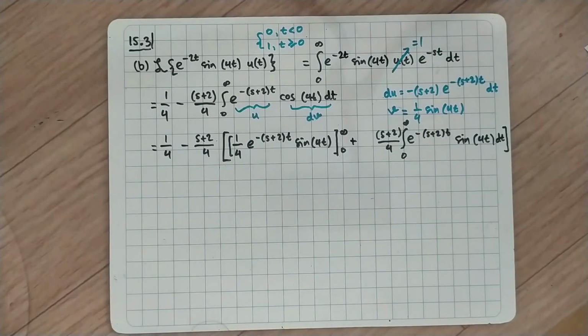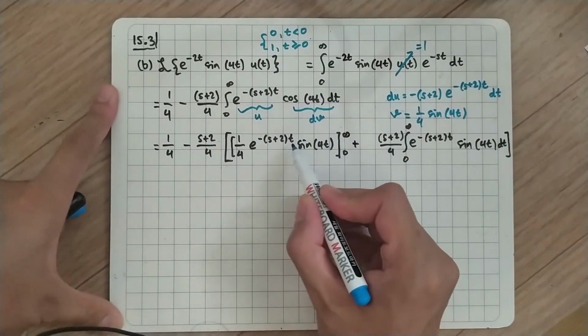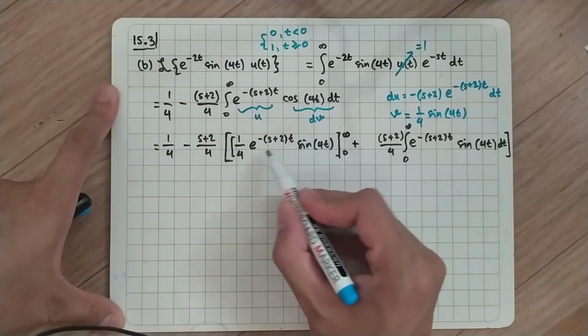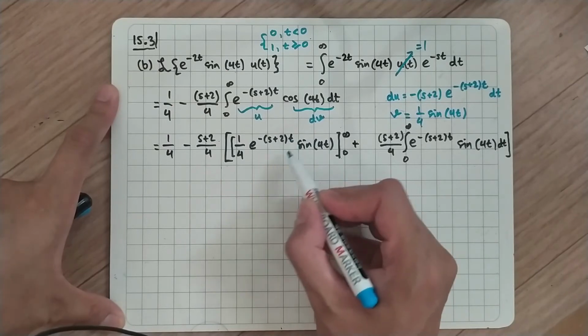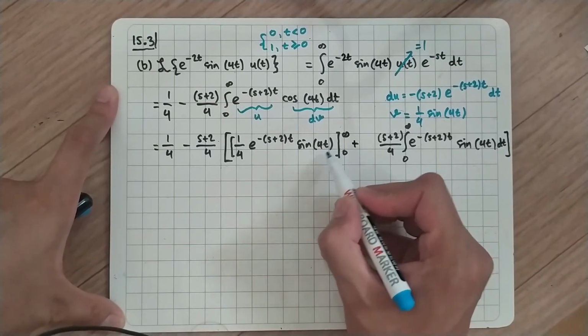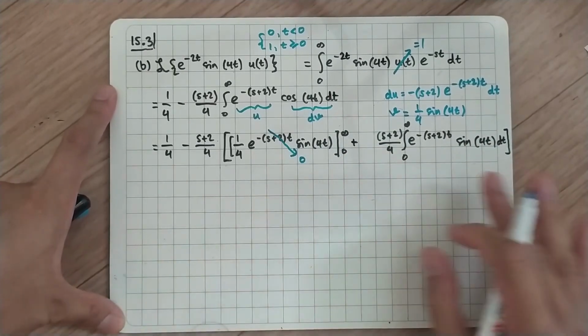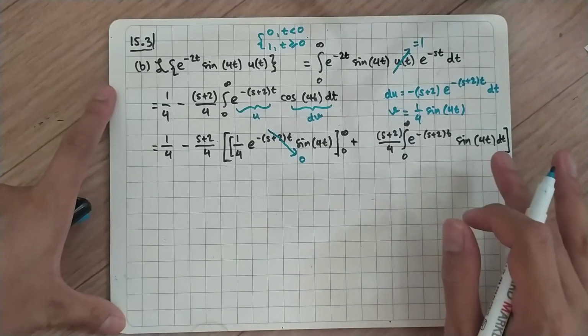And now let's evaluate these parts here. When t approaches infinity, this term will be 0 because e to the minus infinity is 0, and when it is 0, the sine term will be 0, so this will cancel out to 0. So we only need to take care of this one.